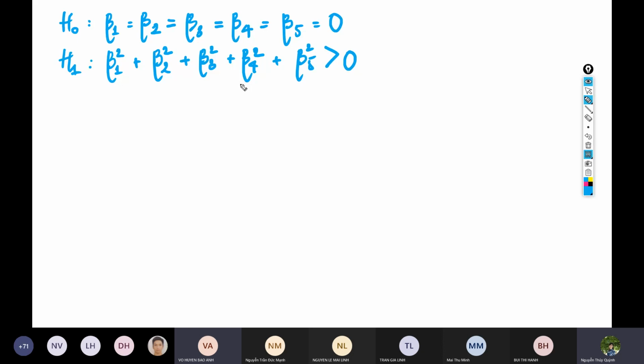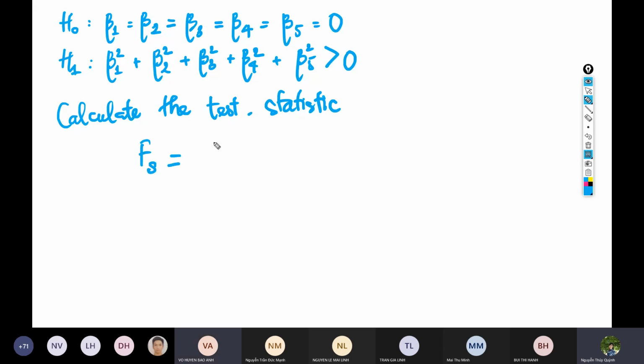Okay, so now what is the second step? We calculate the test statistic. Now what is it?